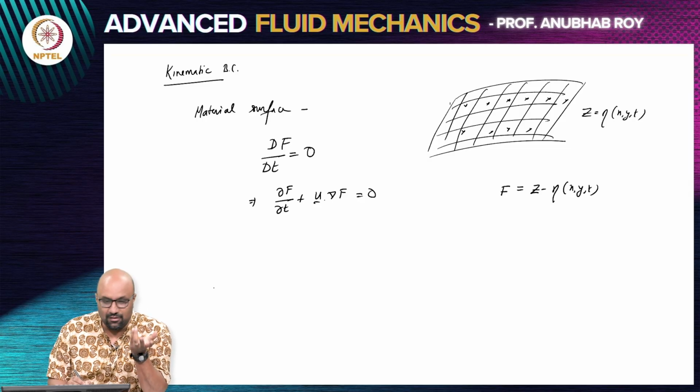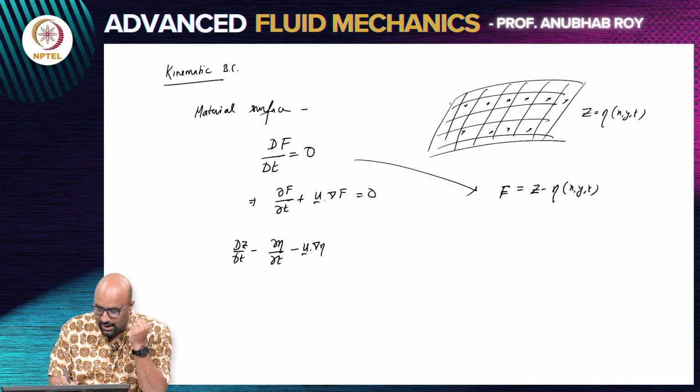I am defining that surface by this function f, which is z minus eta(x, y, t). So now when you apply it on this f, you will have dz/dt minus ∂eta/∂t minus u dot del eta is equal to 0.